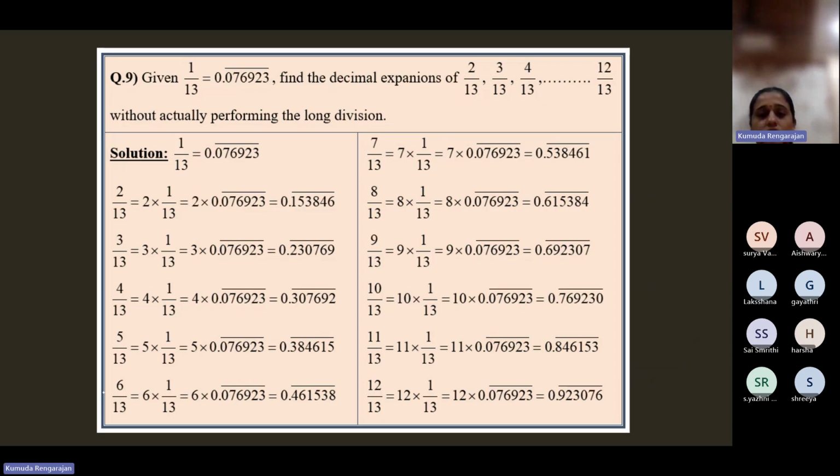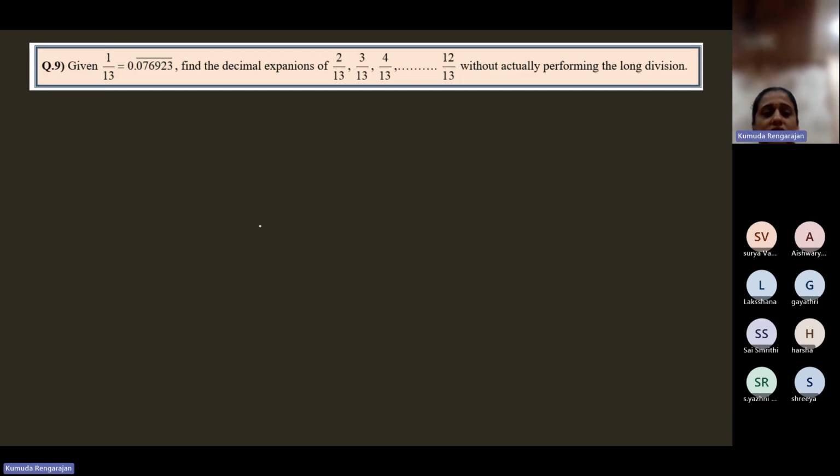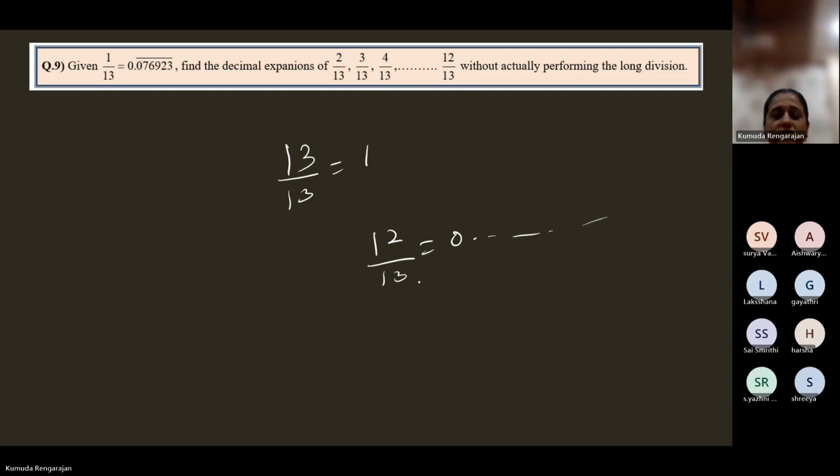That's all. So go through this. See, everywhere the answer will be 0 point something, because only 13 by 13 is 1. So till 12 by 13, you will get 0 point something. 12 by 13 also will be 0 point something.